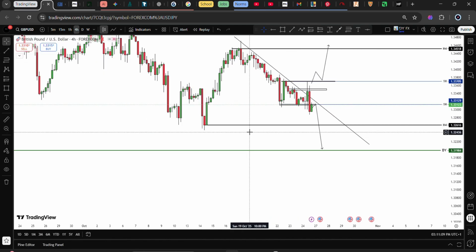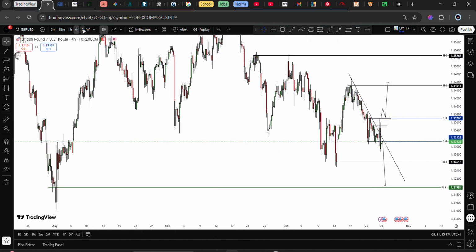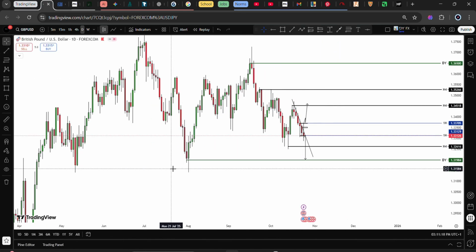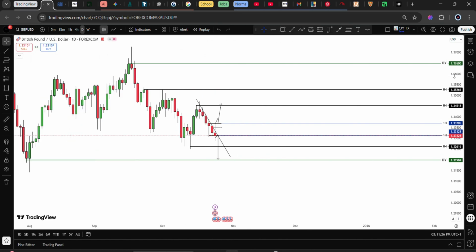We could see this is our daily support level. Let me show you here. On the daily time frame, this is our daily support level, which is the last low for this choppy movement, and then this is the resistance, which is at 1.36500.